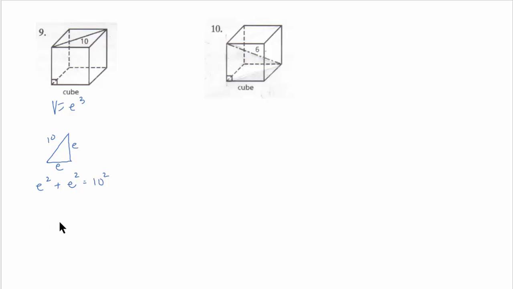All right, number 10 has a similar thing going on, except our right triangle is in a different spot. See how we're going from the diagonal from this corner to the back bottom corner here? Well, your right triangle is going to be through here like this.